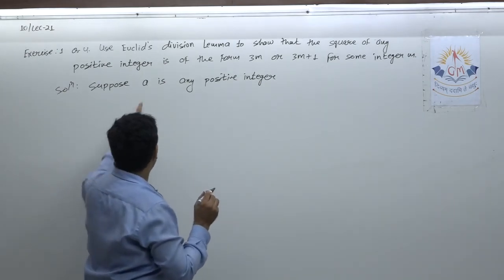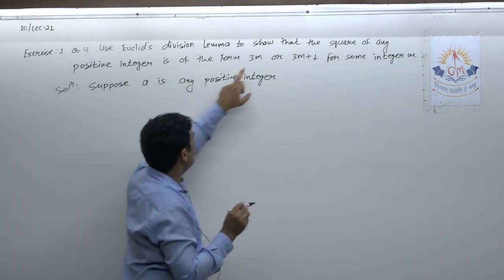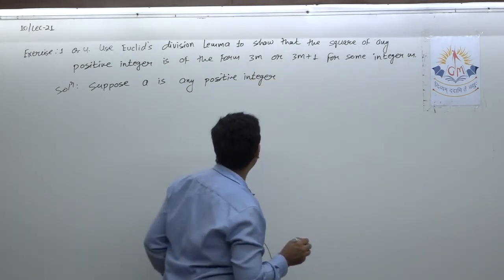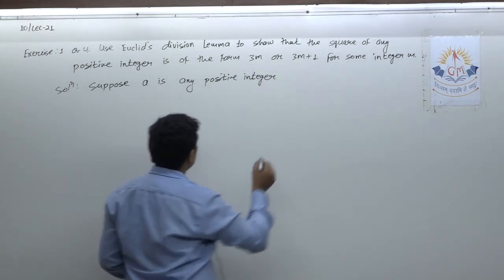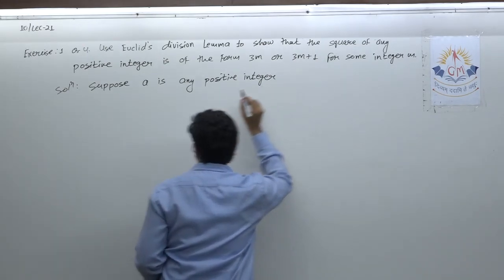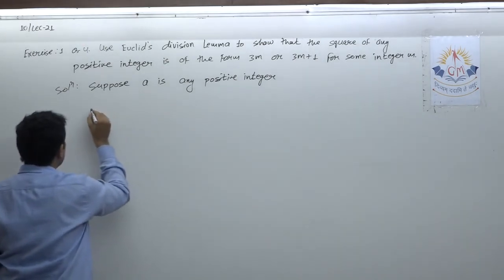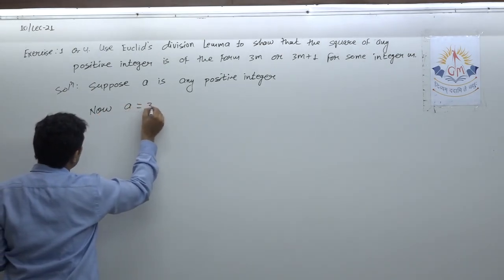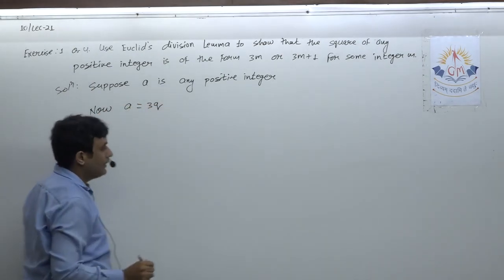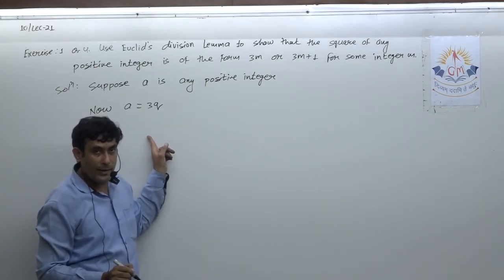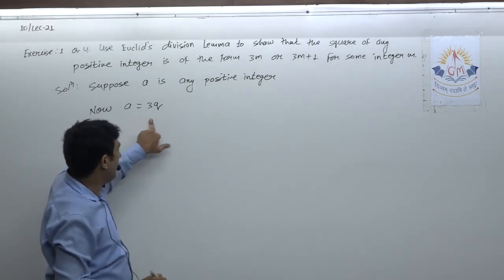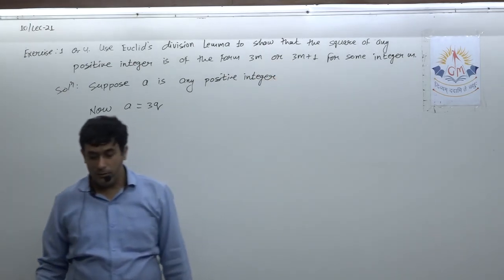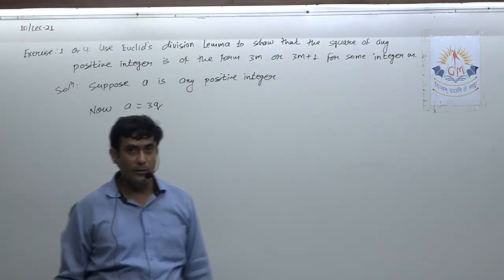Okay, so now we have to make the square of this and represent it in this form as well as in this form. Okay, so suppose A is any positive integer. Now A is equal to 3q. Now we will make its square and prove that this can be written in the form either this or that. So try it on your own, then I will give you its solution.